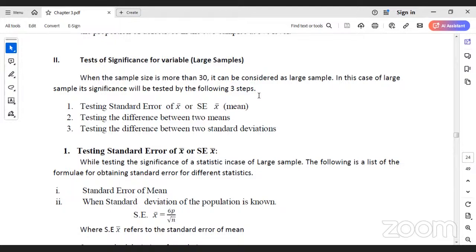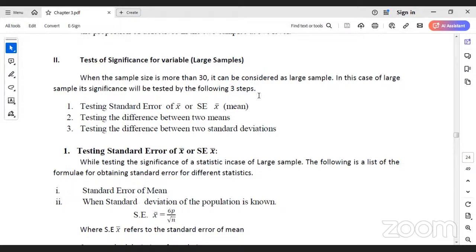See, once again, I am repeating here. Listen carefully. Standard error of X bar, difference between two means. One mean will be there and another mean will be there. We are going to see the difference between two means. In the same manner, two standard deviations.